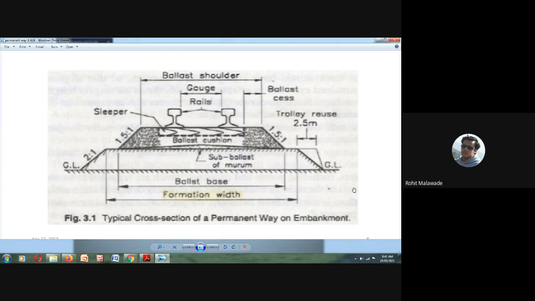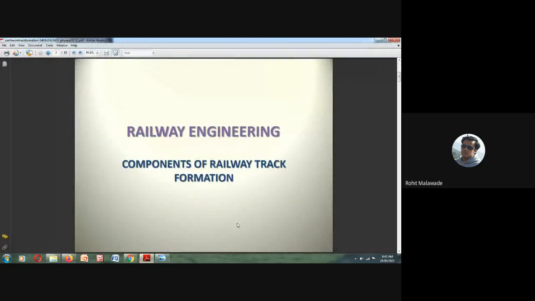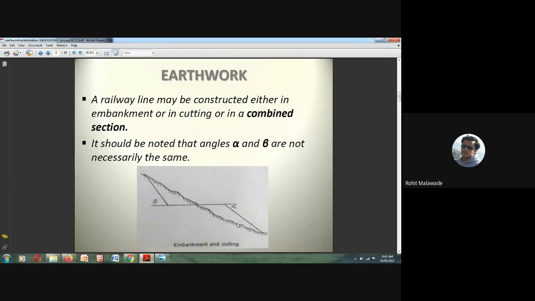Now the cutting. What is a cutting? Here you can see this is the natural ground.